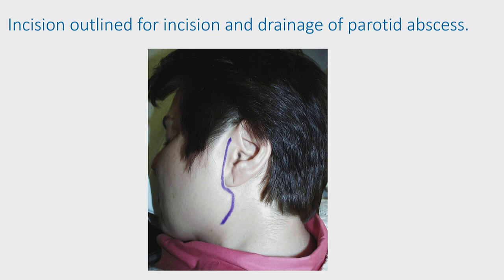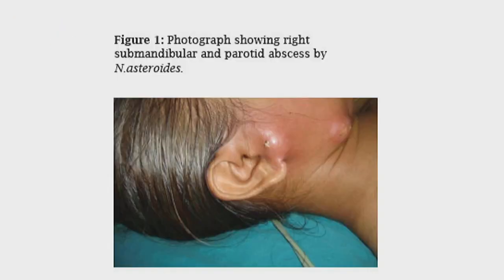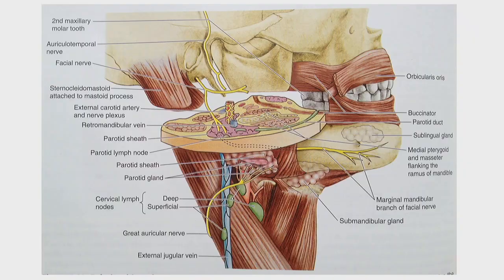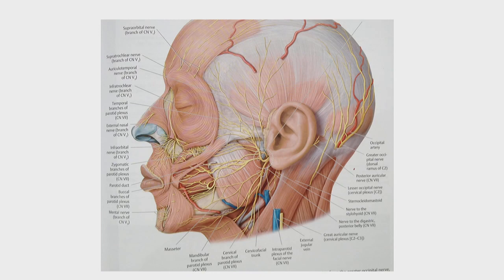Mike, one important question. The abscess is located here in the parotid region, but why do I cut here? Why don't I cut it here? One is the cosmetic region, but the other is more important. If I cut it like this, I cut all the branches of the facial nerve and paralyze half of the face.